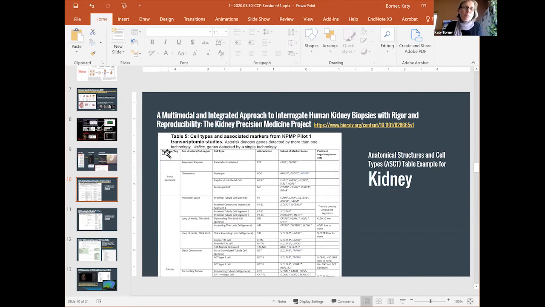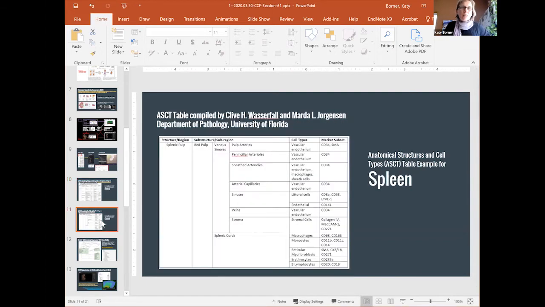So you get to see structures and substructures and then associated cell types. You also have subsets of marker genes in here, and you have comments as well. This seems to be a type of information that can be created for most of the organs that we are dealing with in HubMap. So when we asked our colleagues at the University of Florida to create such a similar table for the spleen, they were able to do this.